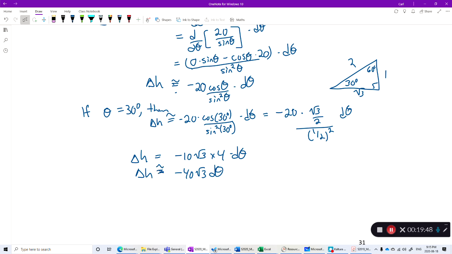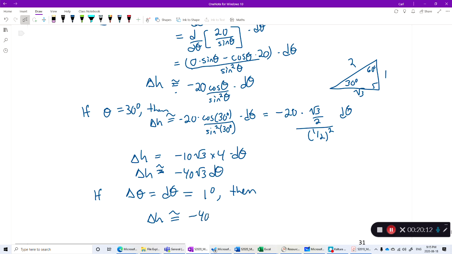Okay, so we have a connection here between d theta and dh. So that means if theta changes by, and remember that delta theta is the same as d theta. They actually mean exactly the same thing. So if theta changes by 1 degree, then h changes by approximately minus 40 root 3 times.